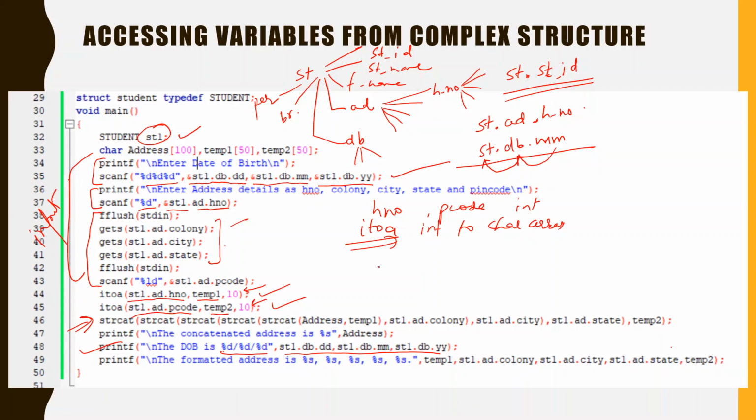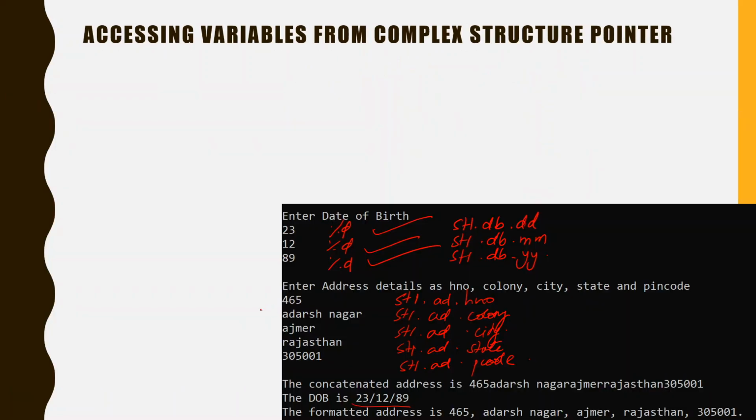Okay, so if the house number is taken input as 465, this 465 is going to become a string like this, and this 305001 is going to be a string like this, and this is going to be stored in temp1, and this is going to be stored in temp2.